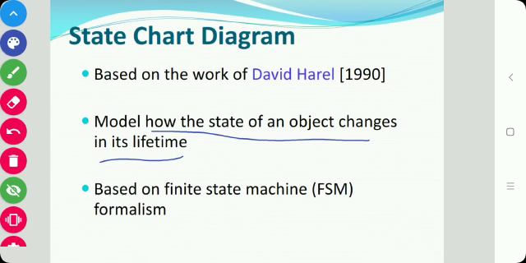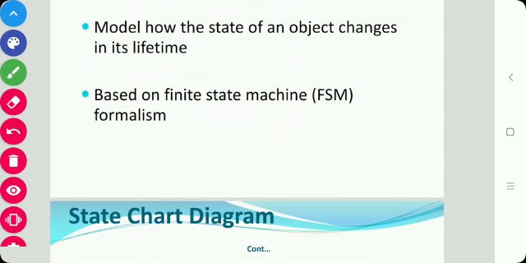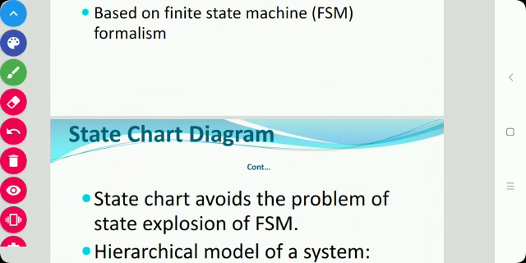State chart diagram is good at describing how the behavior of the objects changes across several use cases. But if we are interested in modeling some behavior between the objects collaborating with each other, then state chart diagram is not used. State chart diagram is used to model the state of a single object.